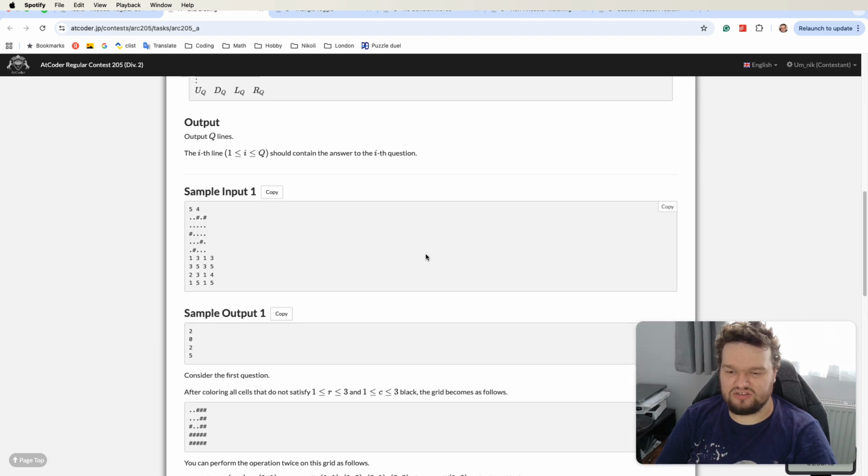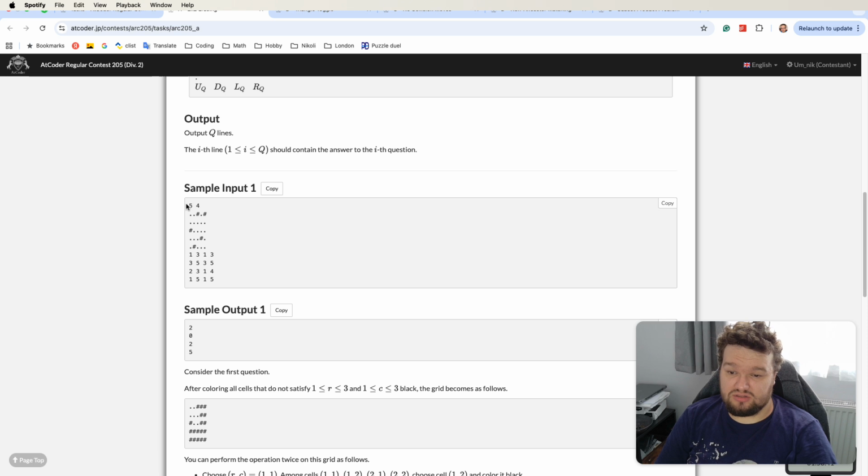Okay, let's look at the sample. So on the first query we will be talking about this 3x3 square.